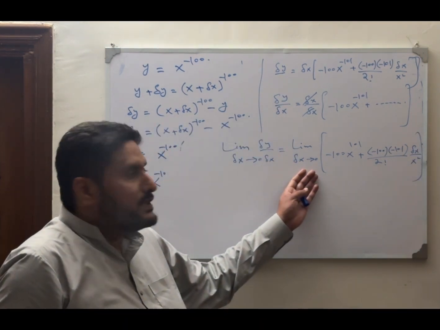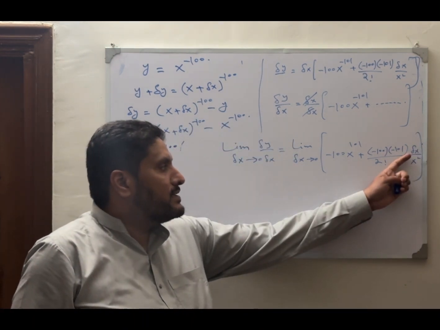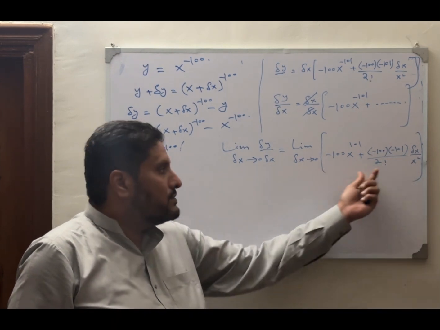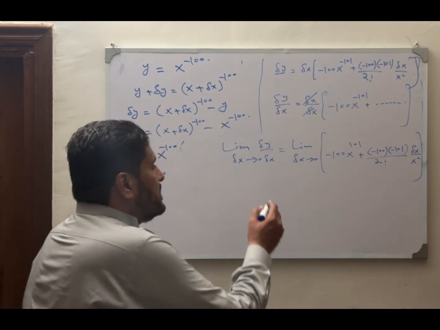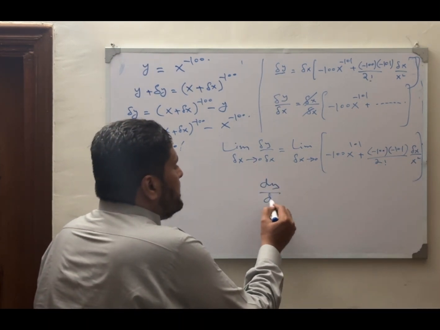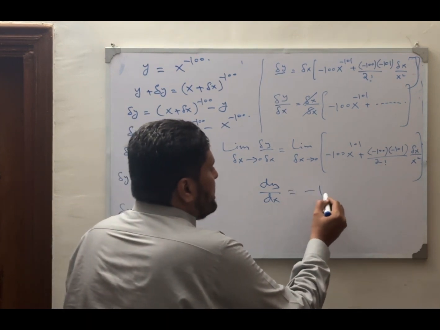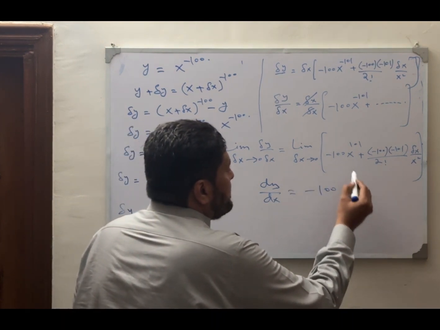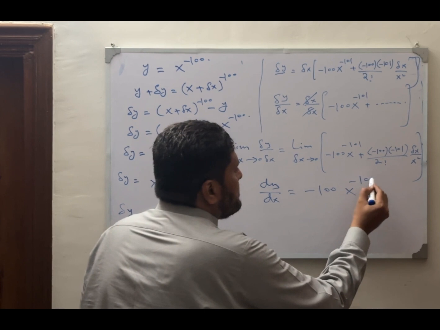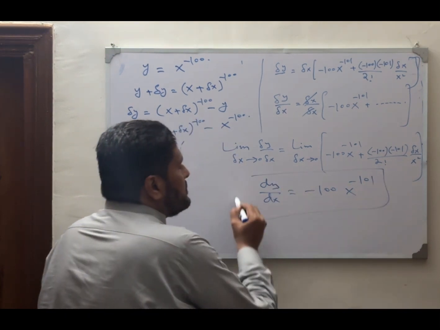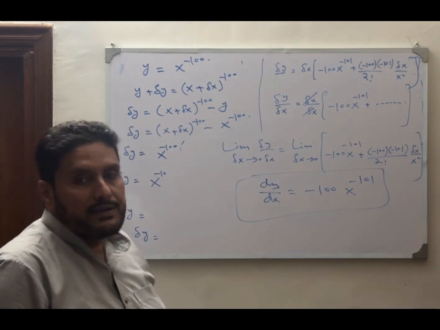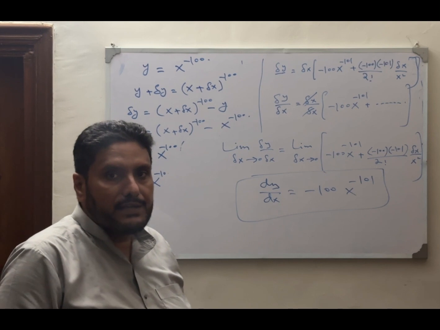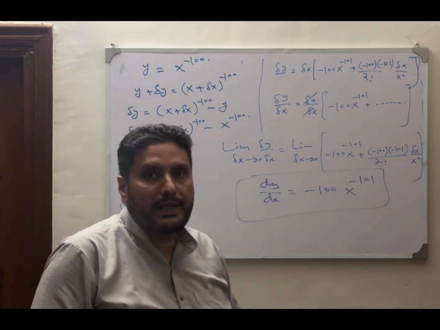So after applying the limit, here we have delta x involved and that approaches to 0. So this whole term will become 0. So our dy by dx is equal to minus 100 x power minus 101. So this will be the derivative for this given function by using the ab initio method.